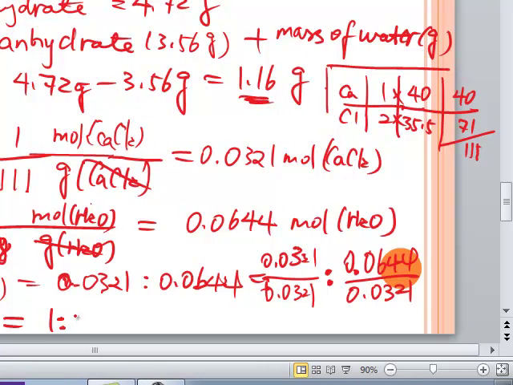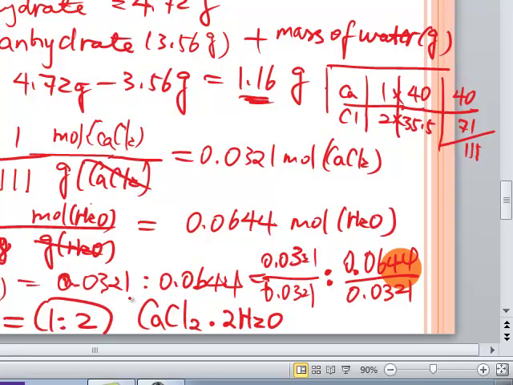It's 1 to 2. That is the ratio. So the formula for the hydrate will be CaCl2·2H2O, 1 formula unit of calcium chloride, 2 water. Actually, the official name for this will be calcium chloride dihydrate. Di means 2. Di means 2.